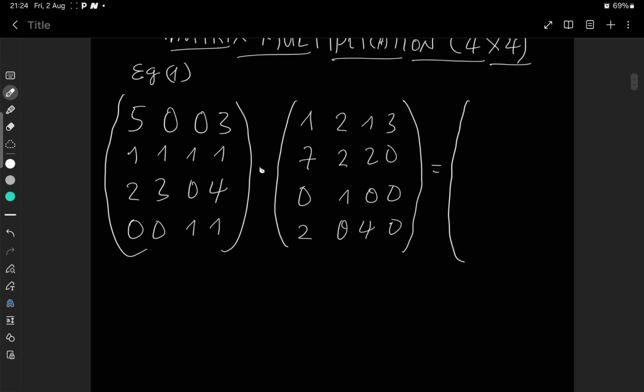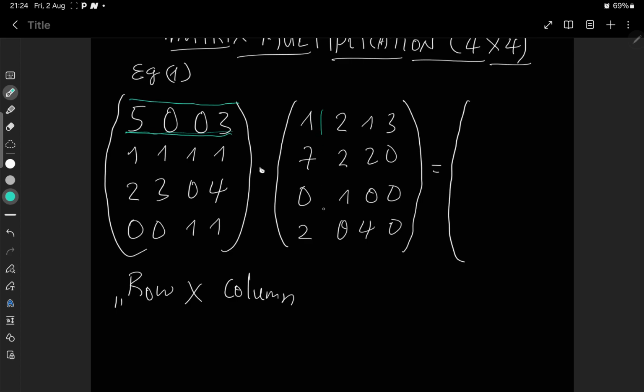So the rule here for the matrix multiplication is row multiply column. In a matrix, here is the row. Here is the row. Here is the row.